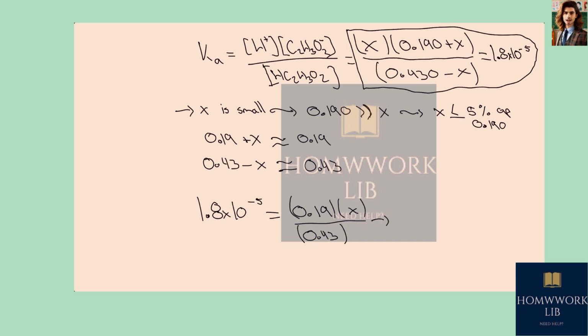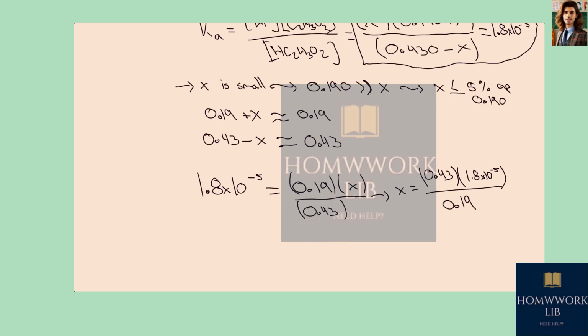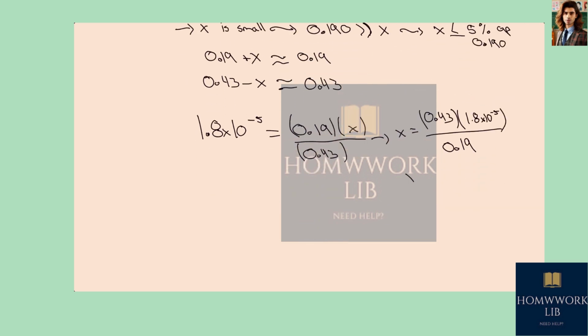Solving for X, it's 0.43 times 1.8 times 10 to the minus 5 divided by 0.19, and the value for X turns out to be 4.07 times 10 to the minus 5 molar.